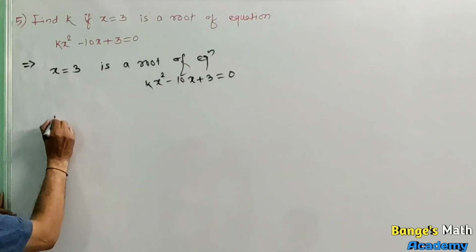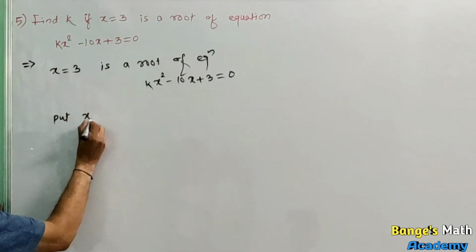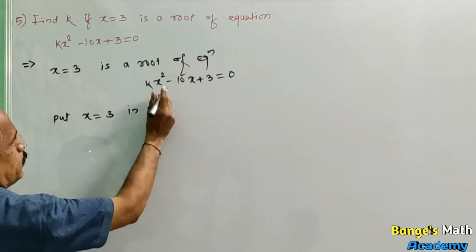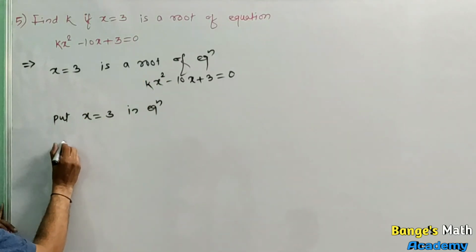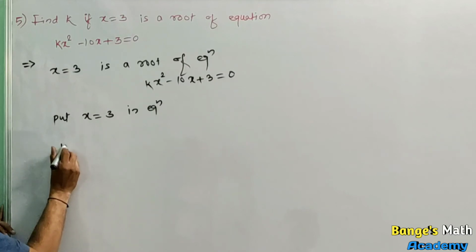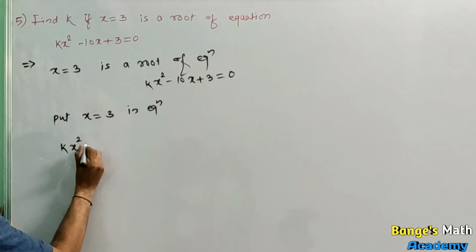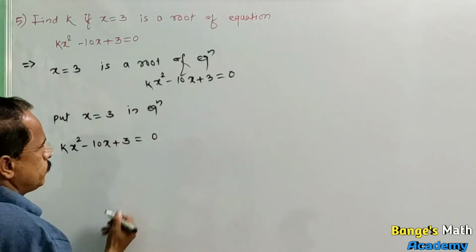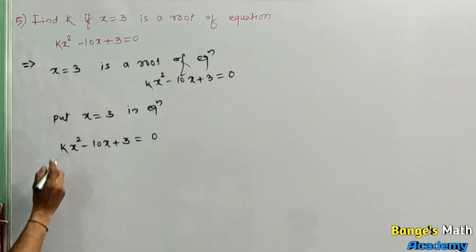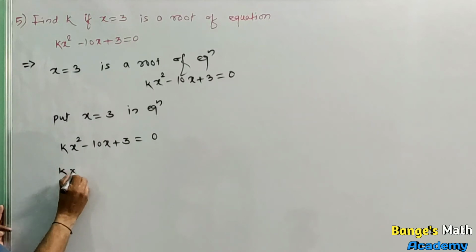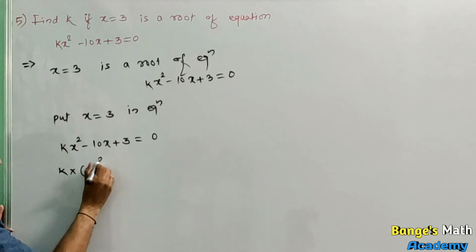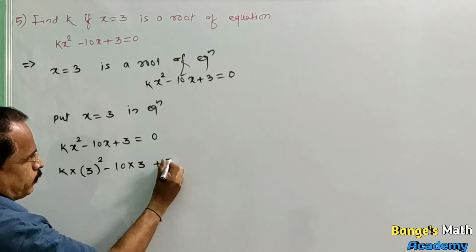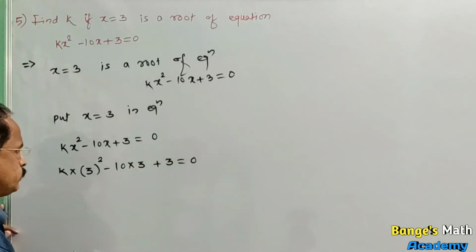So put x is equal to 3 in the equation. Write down the given equation kx square minus 10x plus 3 is equal to 0. Put x is equal to 3: k into 3 square minus 10 into 3 plus 3 is equal to 0.